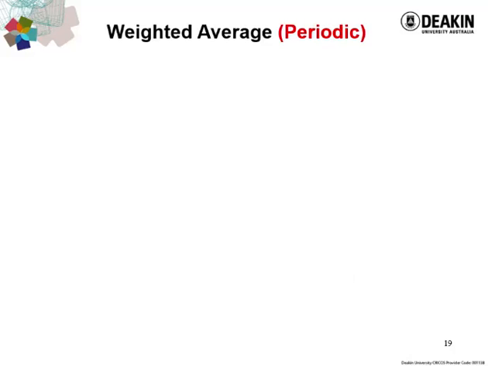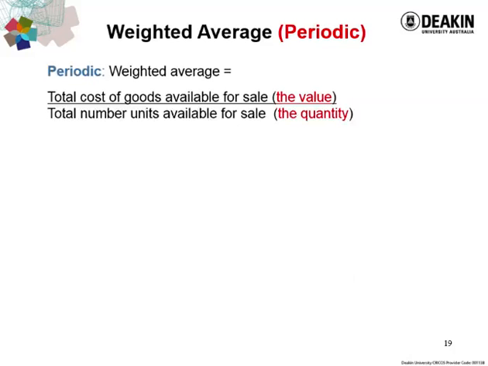So how about weighted average? For weighted average under the periodic method, we will determine one standard unit cost, which is calculated as cost of goods available for sale, which means opening inventory plus purchases, divided by total units available for sale.